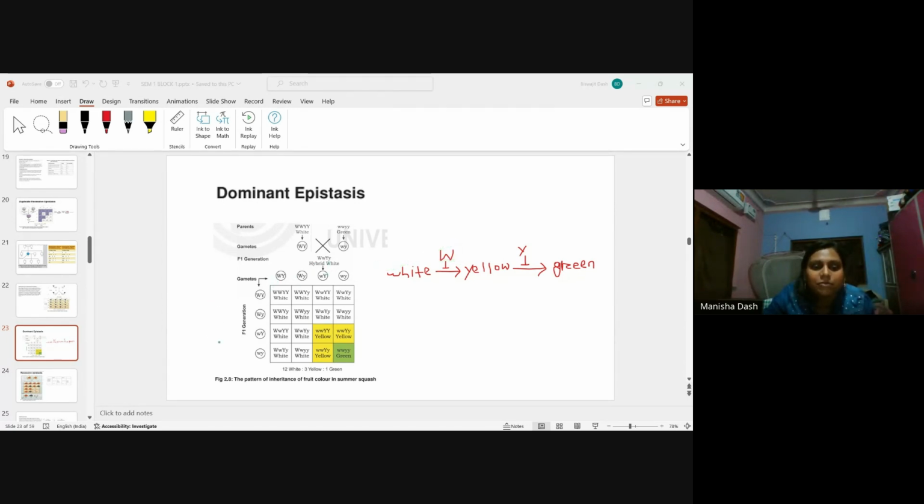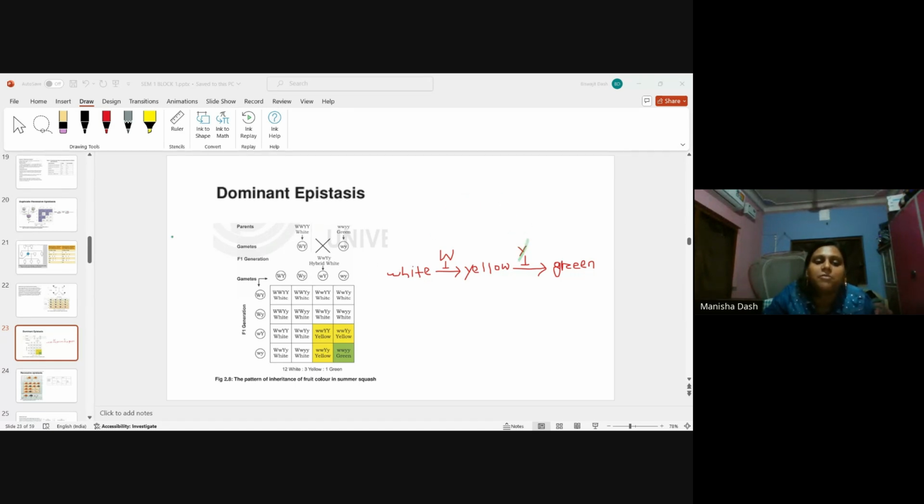Wherever there is a capital W, you are getting white, so there is no problem in that. But here there is a capital Y, and still, instead of appearing yellow, it is appearing white in color. Why? Because capital W is inhibiting the conversion of white into yellow, so capital W is affecting the expression of capital Y.